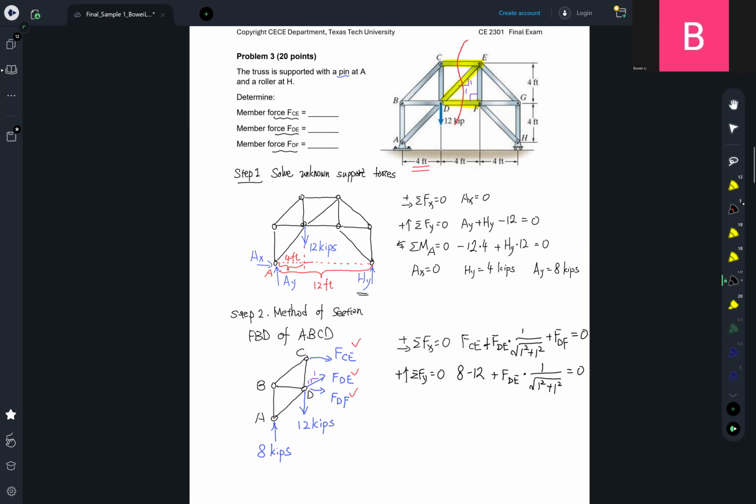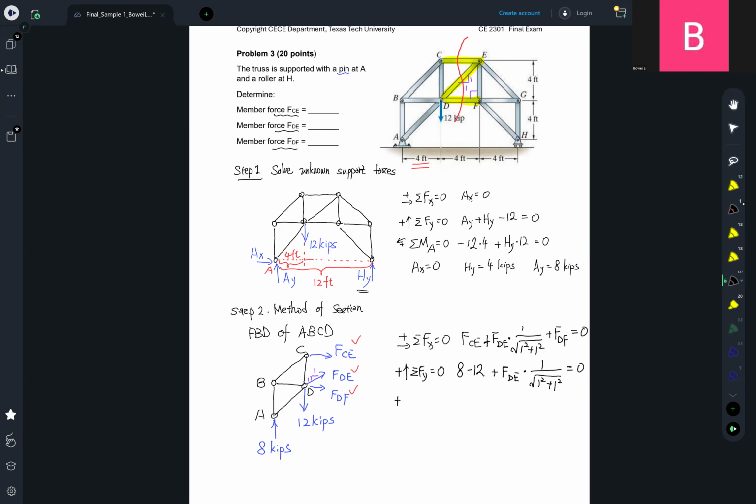And then we have the summation of moment about a point equals 0. Again, it becomes the question of at which point you are going to take the summation of moment. The choices available are infinite, but to make our life easier, we are going to choose the point where the lines of action of the most unknown forces cross.